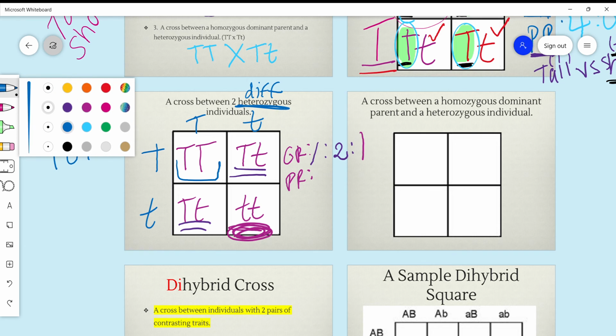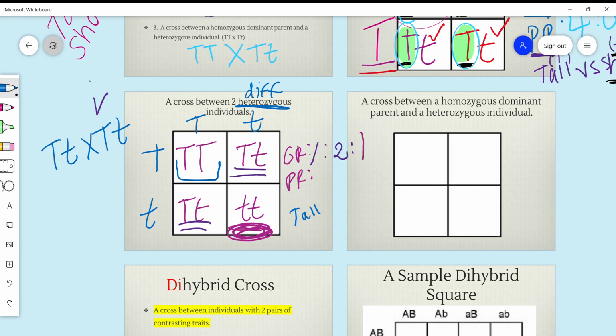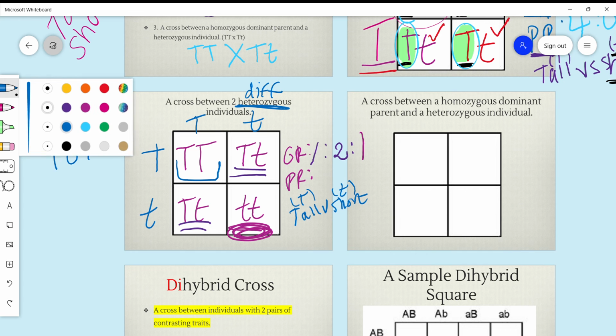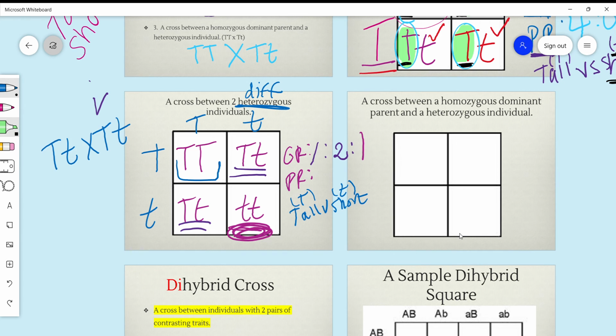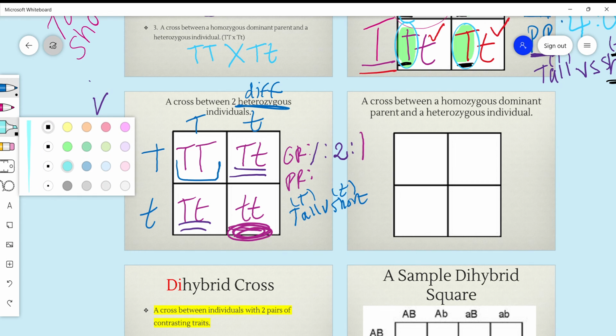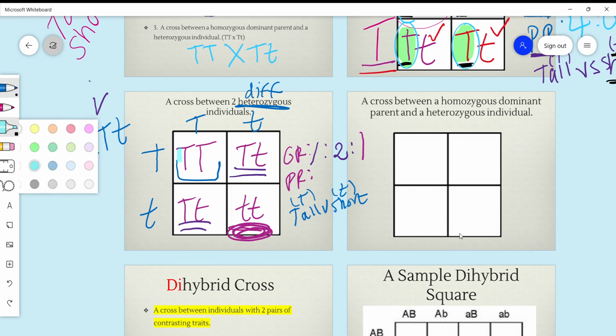Phenotype ratio is, remember, we're comparing tall versus short. Out of these, how many are going to be tall? So we have 1, 2, 3.